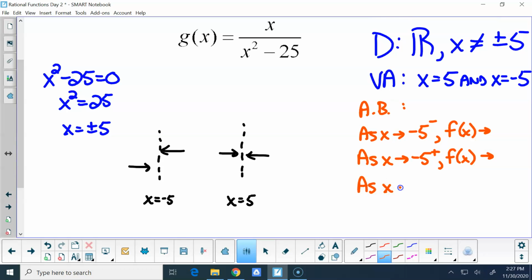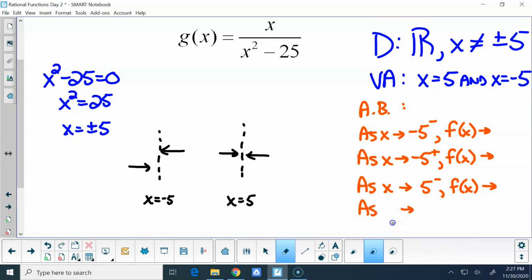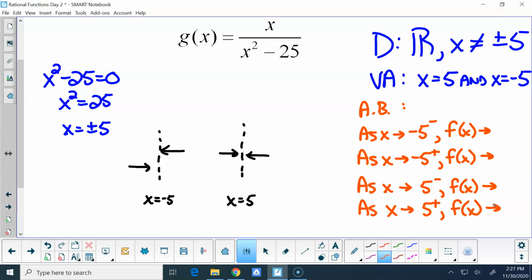As x approaches positive 5 from the left, what's my function going to do? And as x approaches positive 5 from the right, what's my function going to do? Let's start using some logic here.